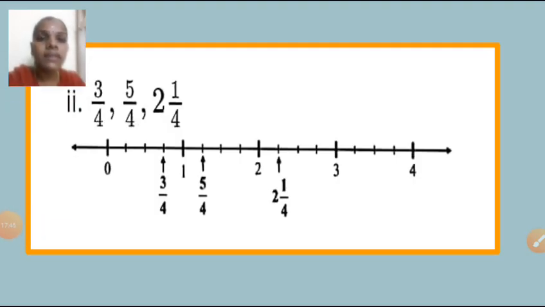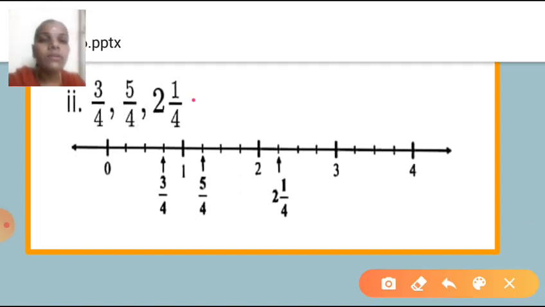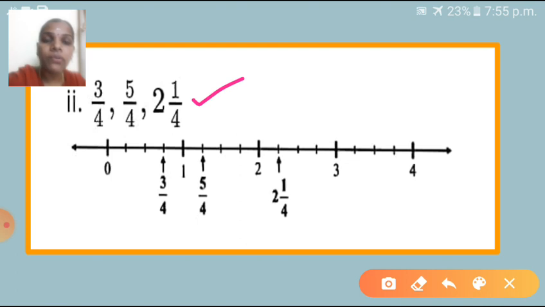So children, this is the second one. Yes, children, see here. This is your question here. 3 upon 4, 5 upon 4, 2 1 upon 4. So first step is, we have to make a line. Next one is, we have to make a unit.